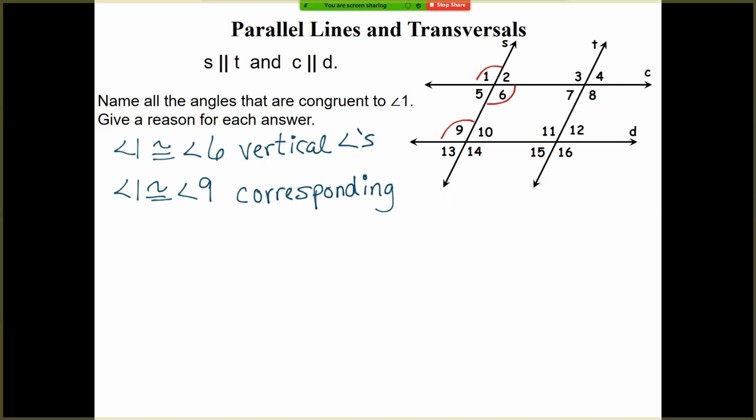I know that angle 1 is congruent to angle 14 because they're alternate exterior angles.